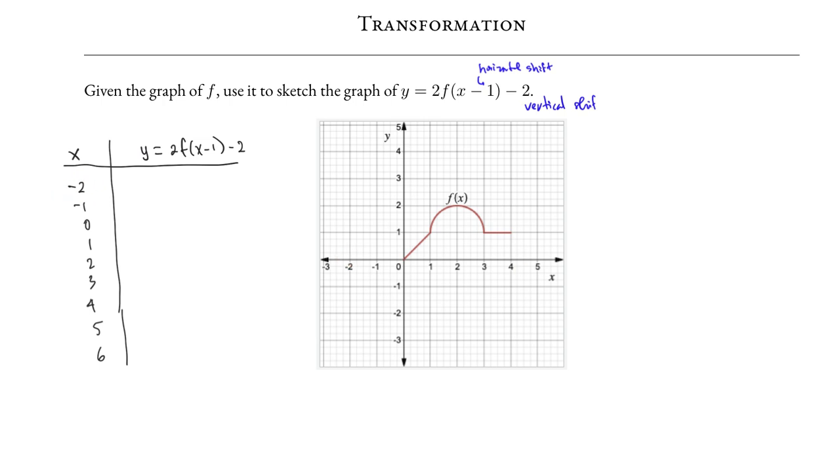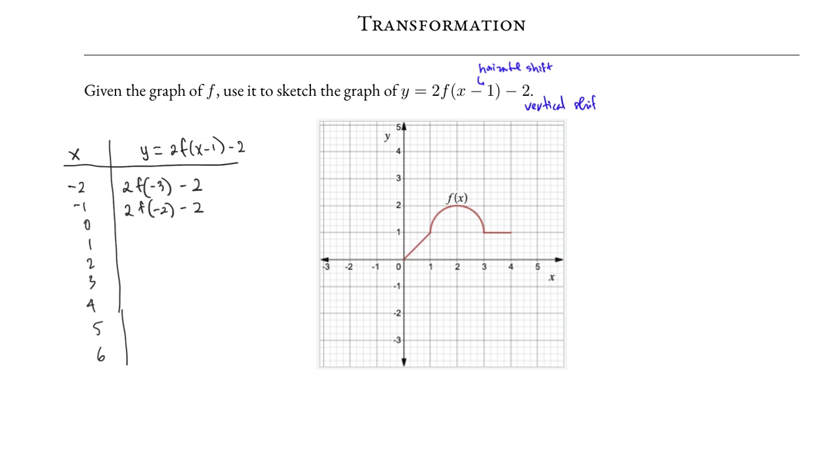When x equals -2, y is 2 times f of -3 minus 2, and we do not have this information because the original graph f is not defined at x equals -3. Similarly, if we plug in -1, then -1 minus 1 is -2, and we can't evaluate this because once again -2 is not in the domain of the original function f.